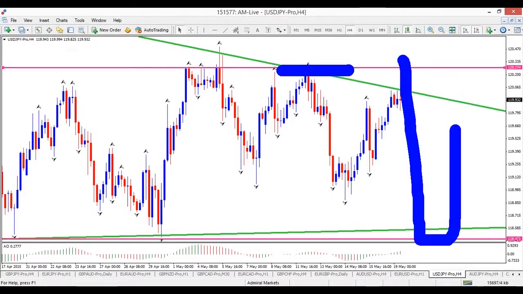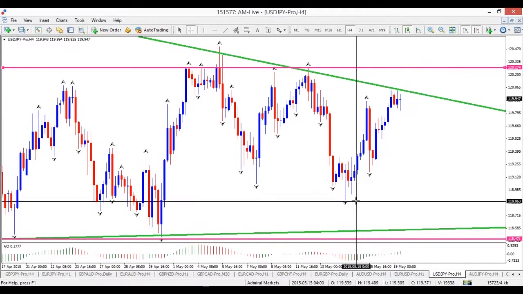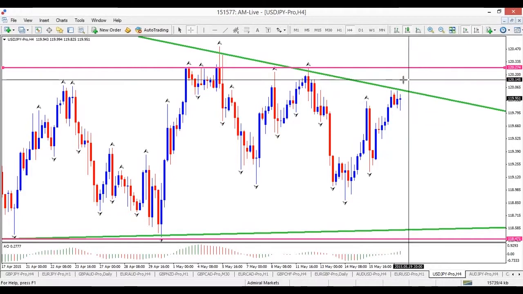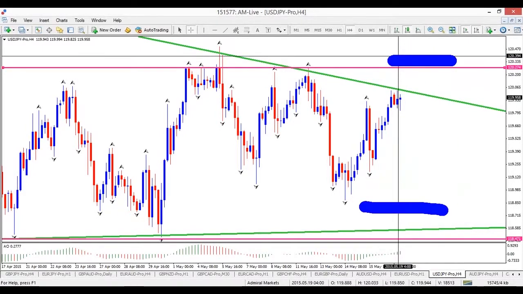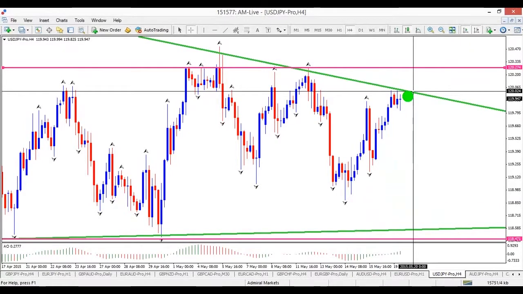But then the risk is getting higher, although the stop loss could be put here instead at 118.70, 80. But still, risk is bigger upon the break. Entry is here, stop loss is here.